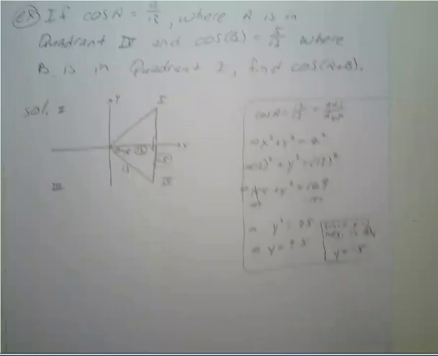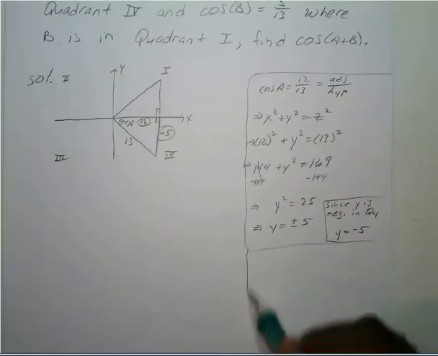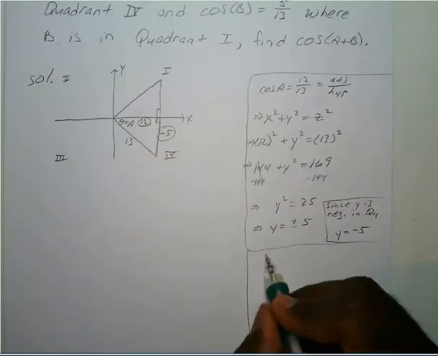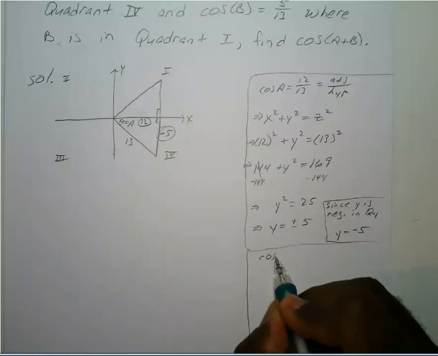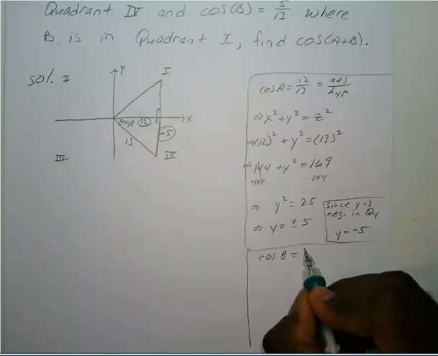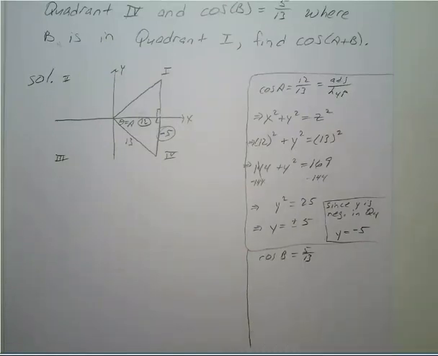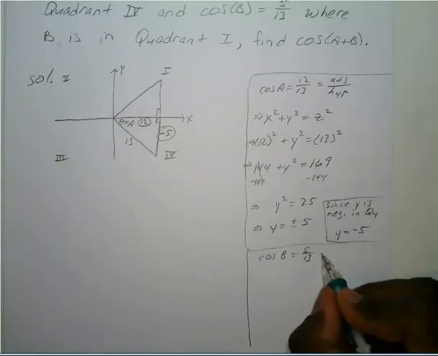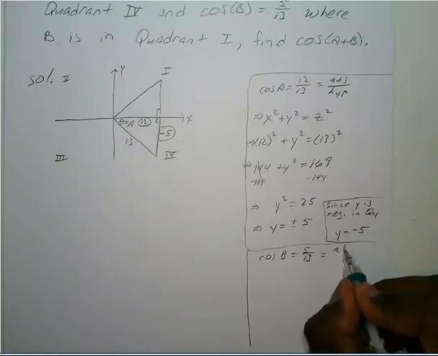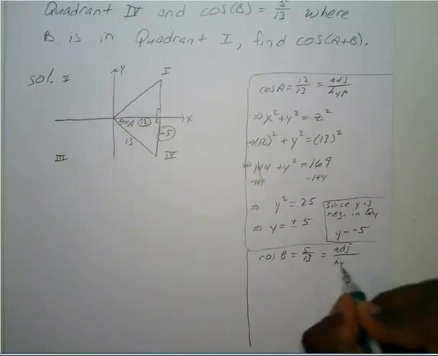Okay, so we can look here, and we know that cosine of b is equal to 5 over 13. Again, which is our adjacent over hypotenuse.